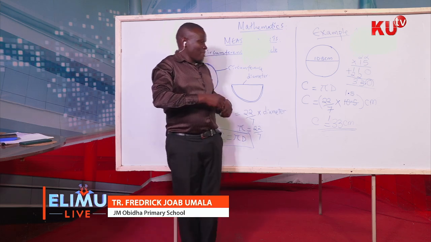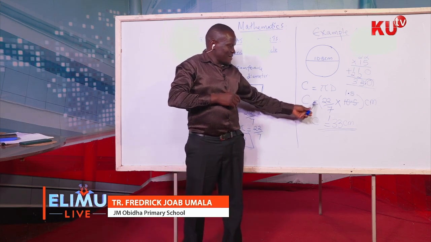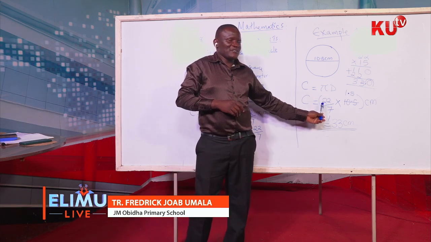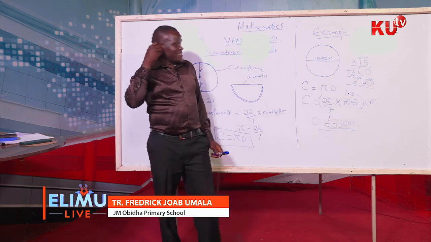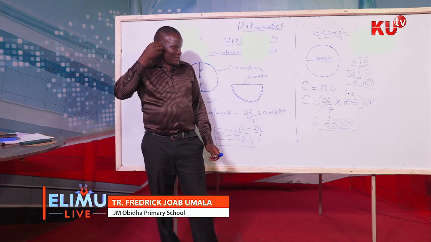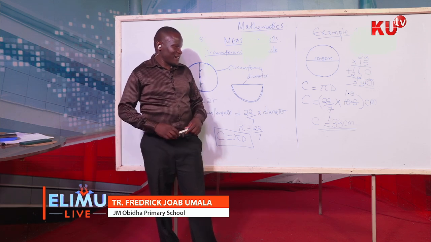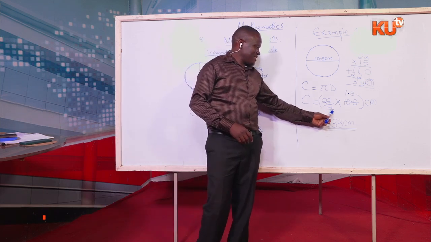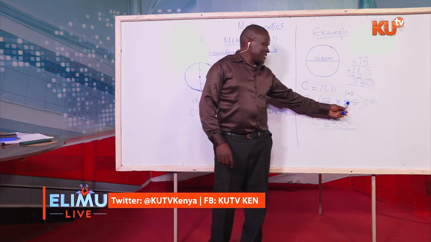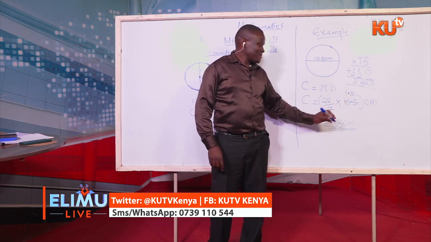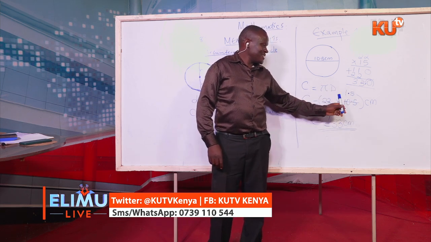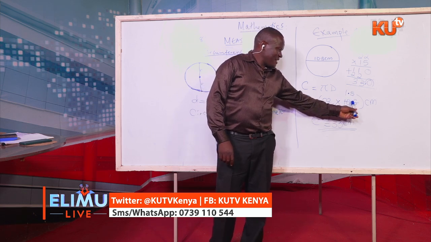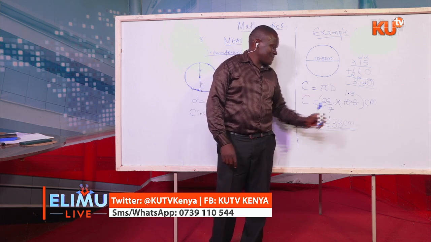And therefore, circumference will be equals to 22 over 7 times diameter, which is 10.5. So 22 over 7 times 10.5. 7 goes into 7 once, into 10 1 times. Remainder 3, we put our decimal point. 35, 7 will go into 35 5 times.